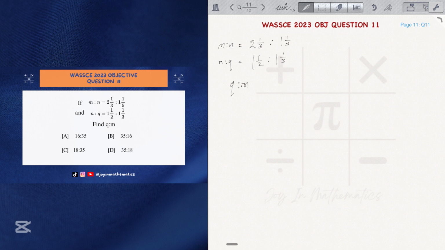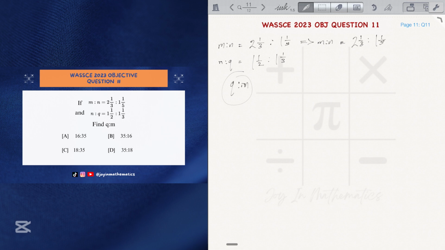Now, how do we solve this? The best way to solve this is to proceed by expanding the expression. We have that m ratio n is equal to 2 1/3 ratio 1 1/5.